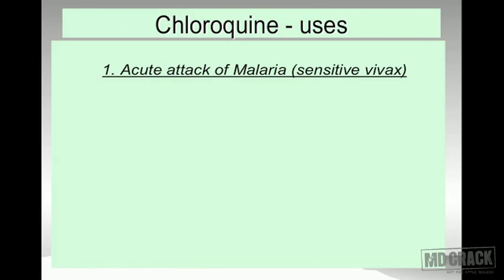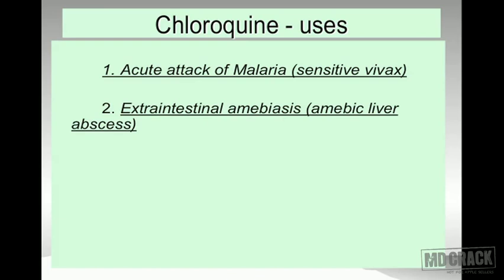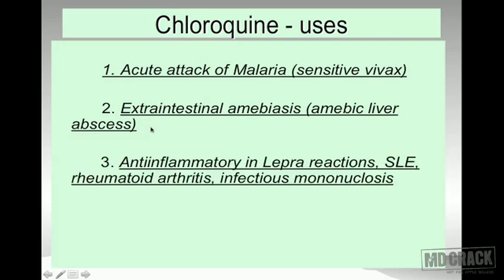Number 1 is acute attack of malaria, especially vivax, which might be still sensitive to chloroquine, and in this condition you can use chloroquine as a drug which is going to produce the effect on the RBC stage. Next, you can think of using it in extraintestinal amebiasis or amoebic liver abscess, which we just now mentioned.